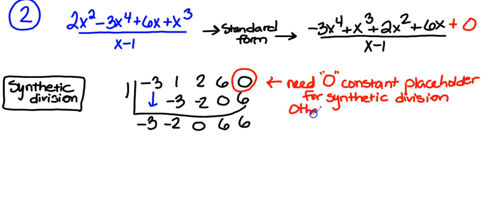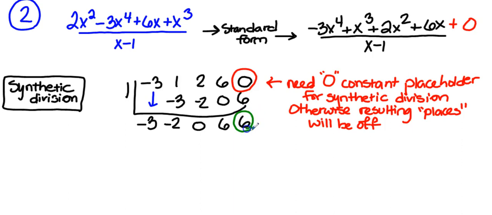Otherwise, the resulting places will be off. What do we mean by that? Well, remember before, this is my remainder, this is my constant, 1, 2, 3. So if I didn't have that 0 as a placeholder for the constant term, all of these would be shifted by 1 and it would be incorrect.